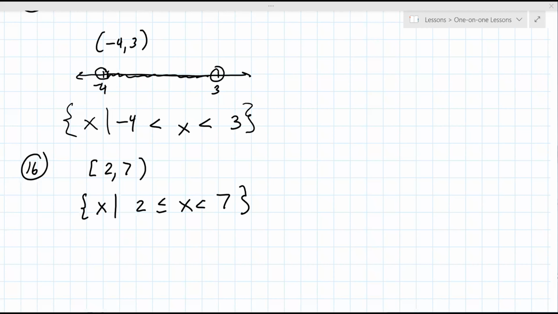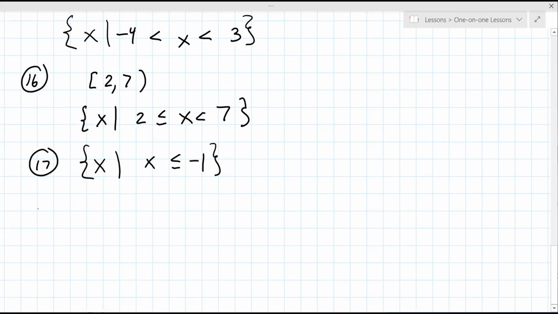I think I'm finished with this one. Okay, so here is the answer to 17. It is x such that x is less than or equal to -1. Perfect. I got that correct. Okay. Number 18. Read infinity.